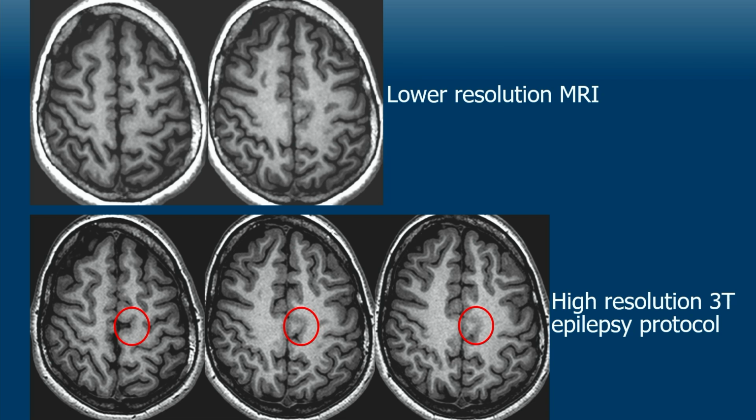Because the patient has really focal epilepsy, we repeated the MRI with high resolution techniques, and we were able to see a really subtle abnormality on the left side of the brain, which I've circled here. So you can see it's really, really subtle and small.